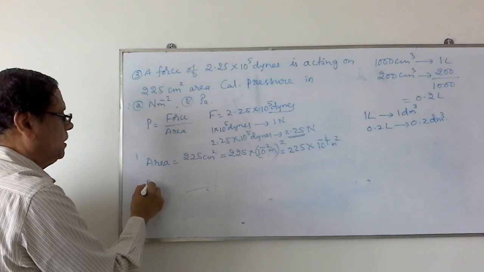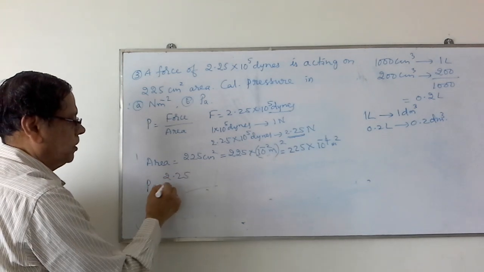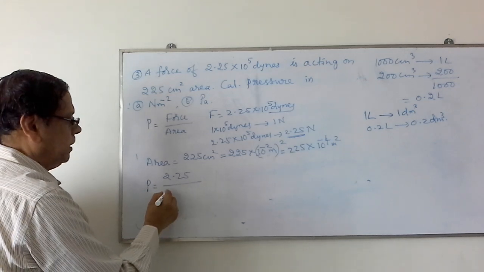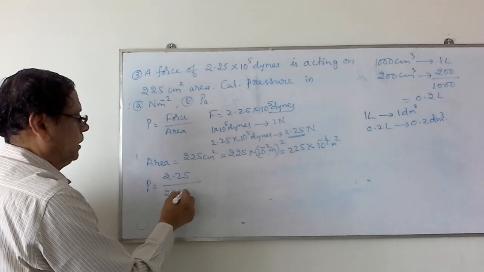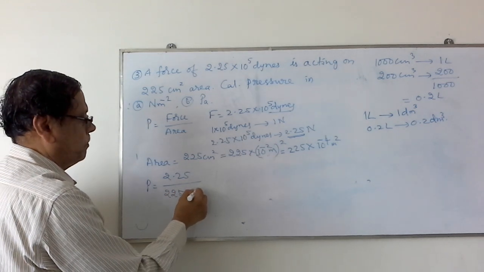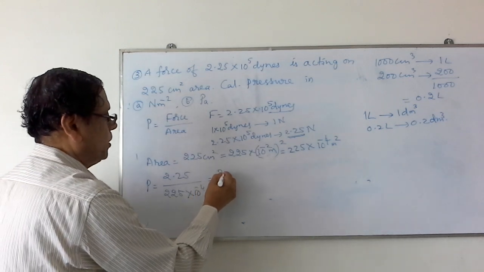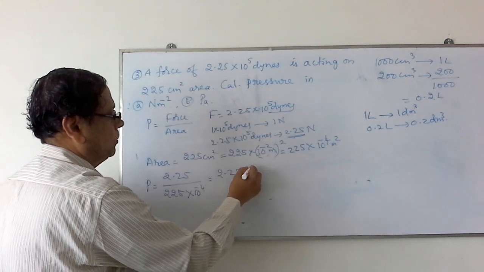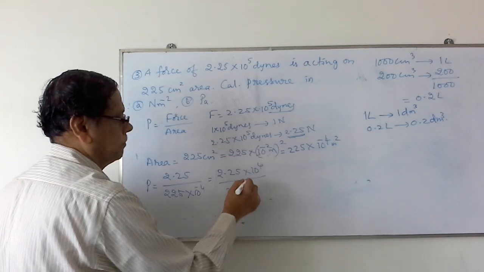Therefore, pressure is equal to force, 2.25 newtons, divided by 225 into 10 to the power minus 4. This is 2.25 into 10 to the power 4 divided by 225.